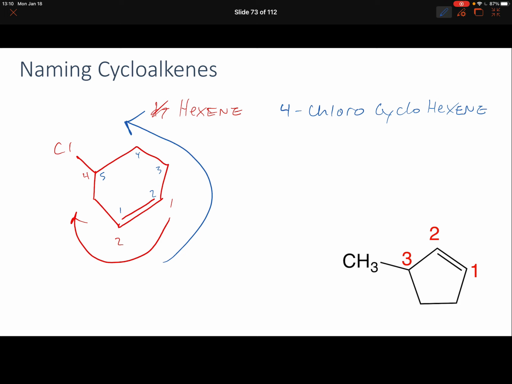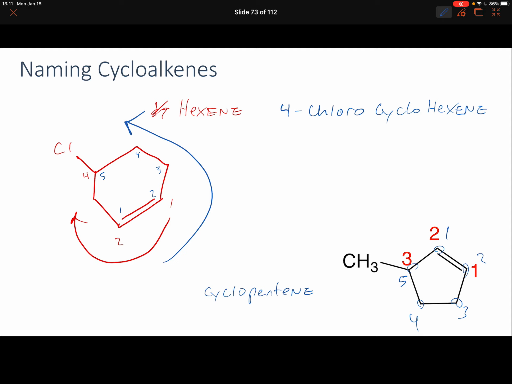Now let's name this guy down here. This is a 1, 2, 3, 4, 5 carbon ring. So this is a cyclopentane, but we know it's a pentene because we're talking about alkenes. Cyclopentene. Now, as far as numbering goes, again, we could call this 1, 2, 3, 4, 5, or we can number it like they did in red to get to our substituent.